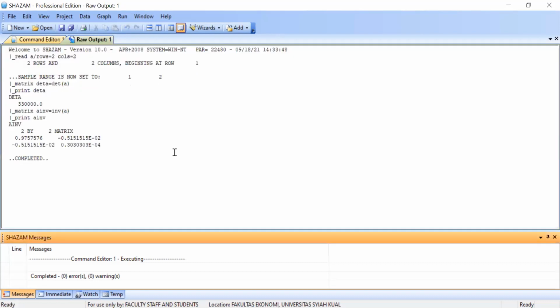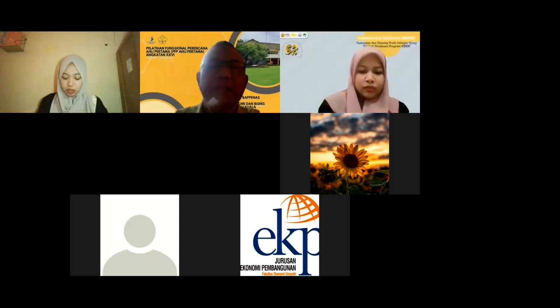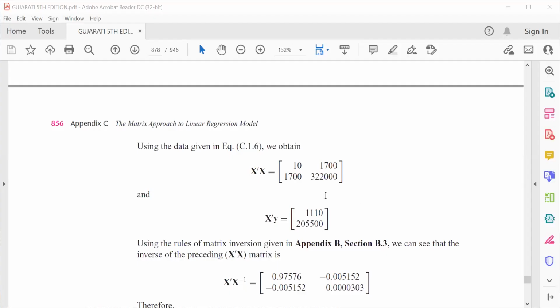This is the determinant, and this is the inverse of matrix A. Can you get it? We first take the main diagonal and swap the places of its elements.